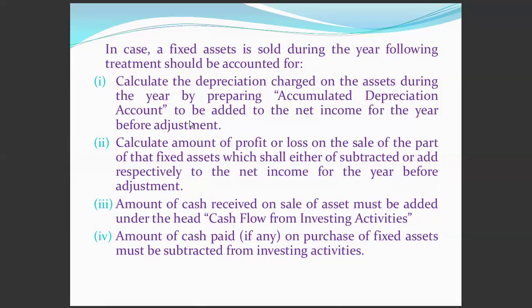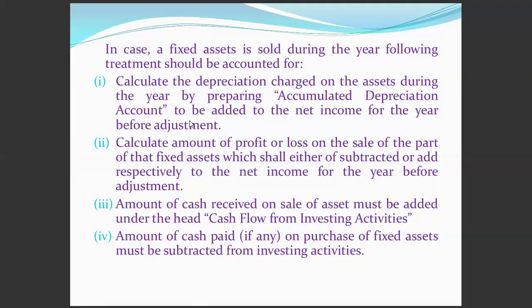For example, if the profit is there and I mention it on the credit side of the P&L account, that will increase my net profit. But actually, I am not gaining anything. So if I increase the net profit by adding the profit on sale of fixed asset, then in such case, the profit is deducted from net profit to get actual operating cash flows.